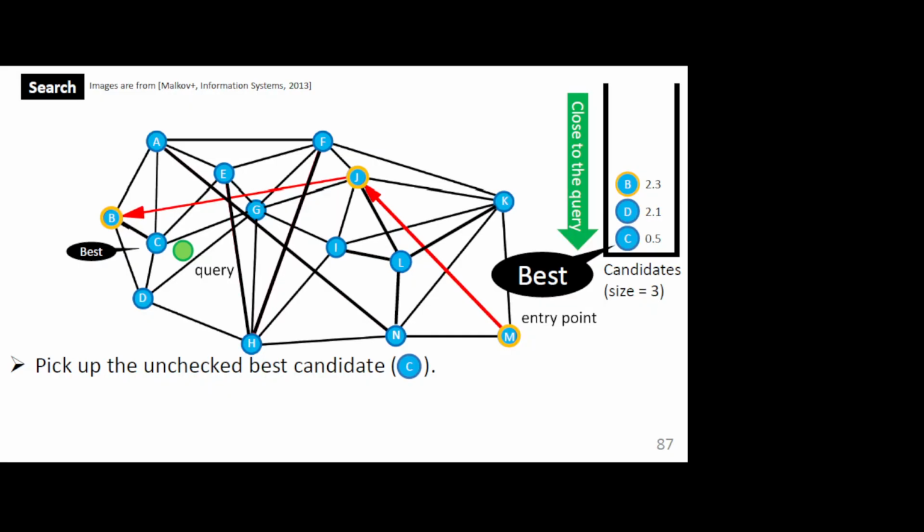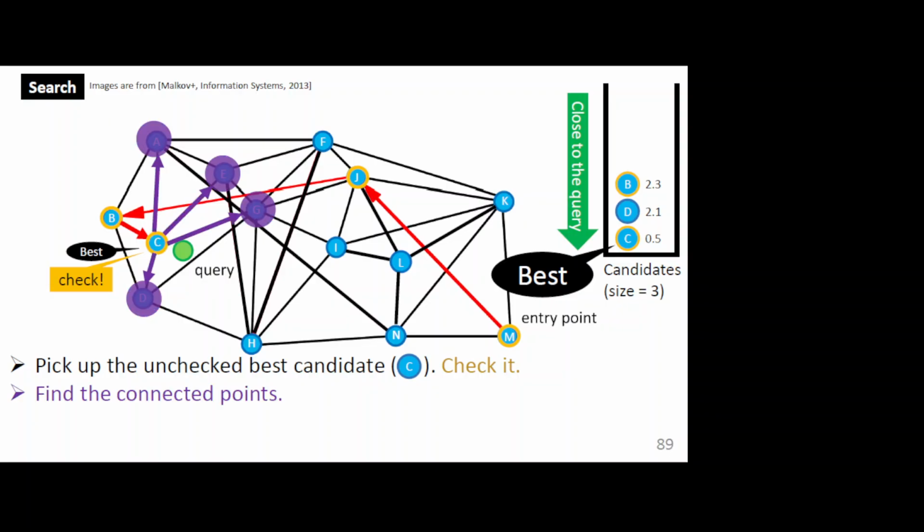Okay, at the fourth iteration, you see the best one is C. It's the closest to the query, and then we check it and navigate.